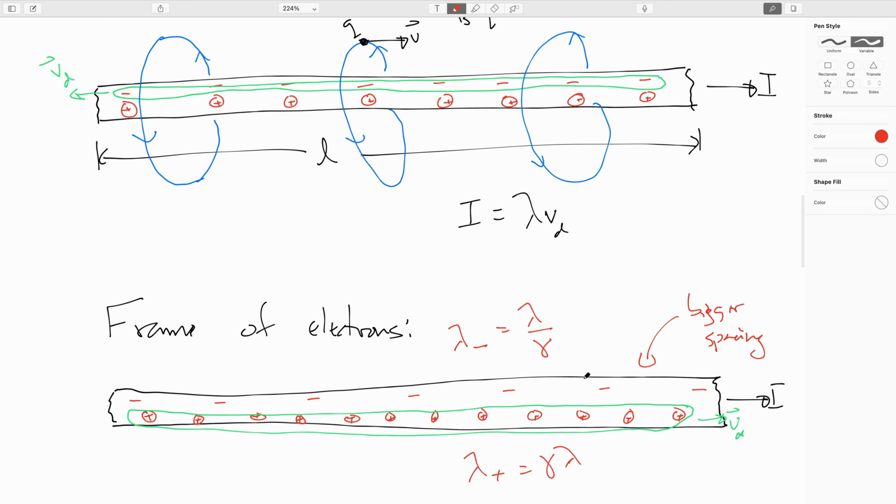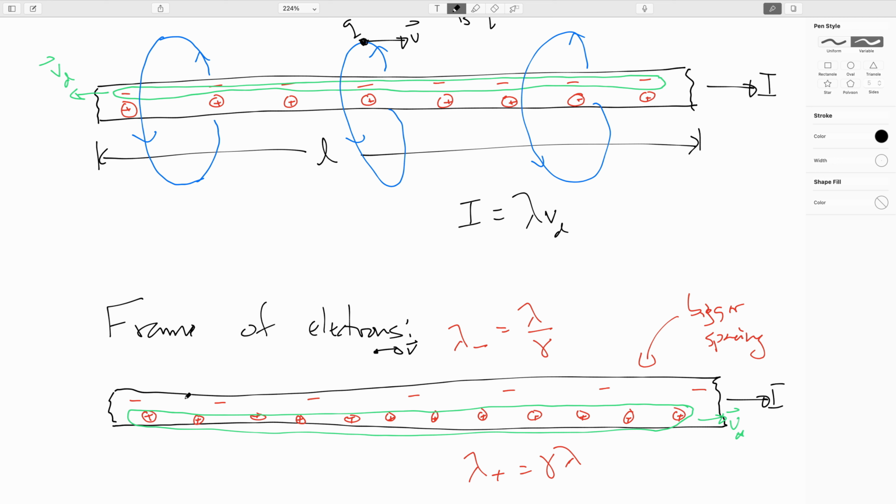If you are a charge sitting out here, let's say a charge in a parallel wire going at that drift velocity, so we can keep it all in the same kind of frame, you are seeing an imbalance of charges.